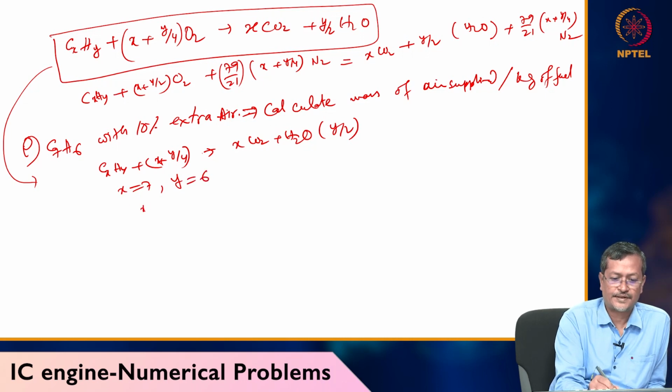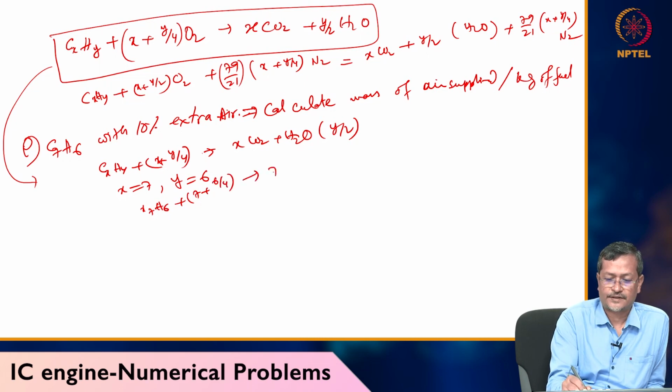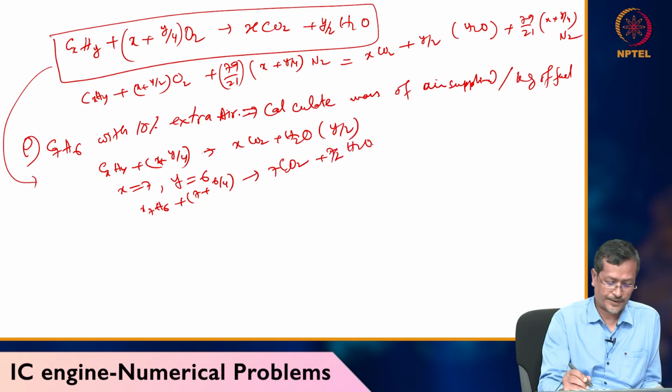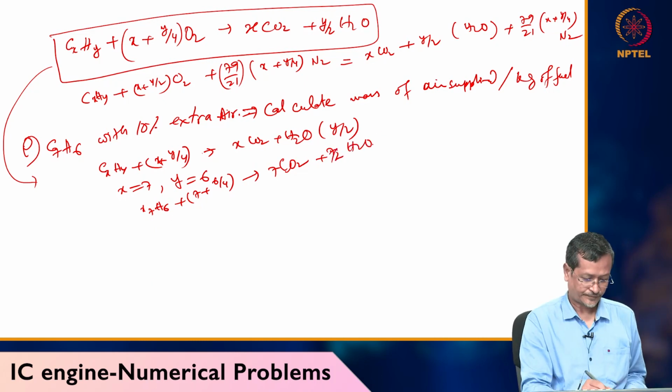So C7H6 plus 7 plus 6 by 4 O2 gives 7 CO2 plus 7 by 2 H2O. Okay, this is your balanced equation.